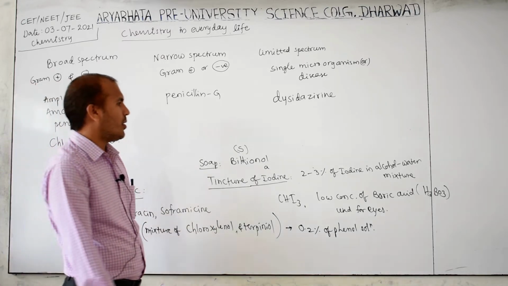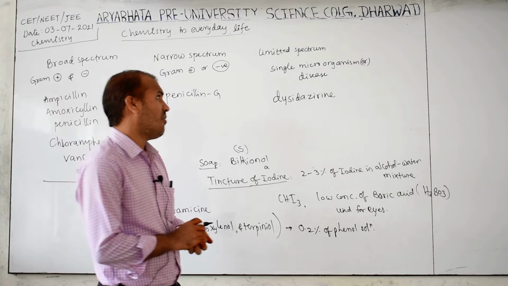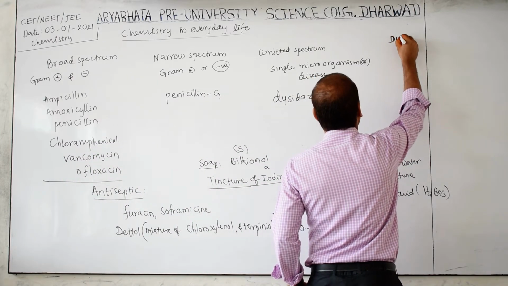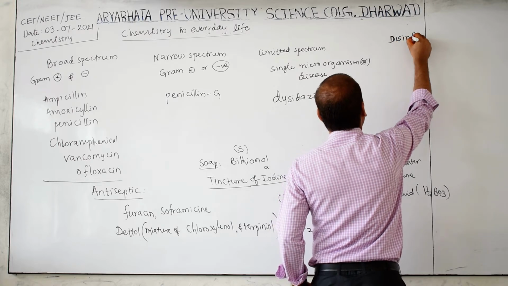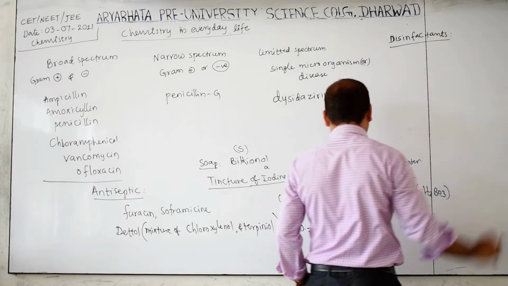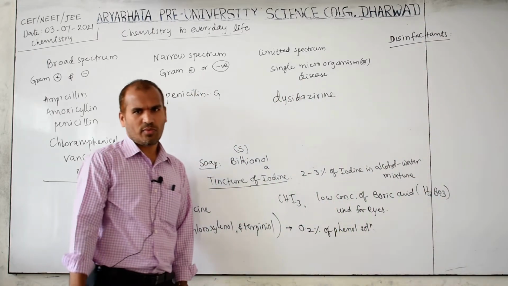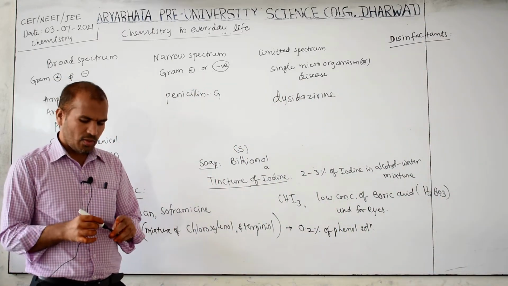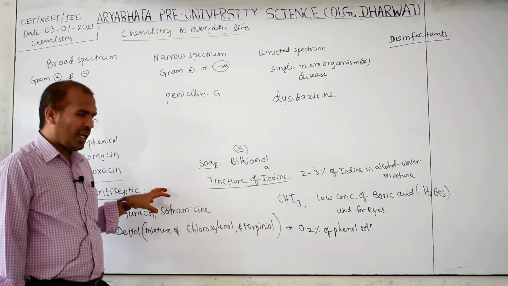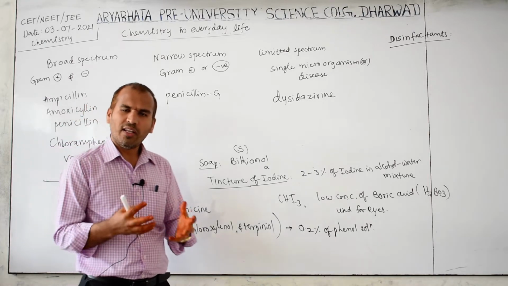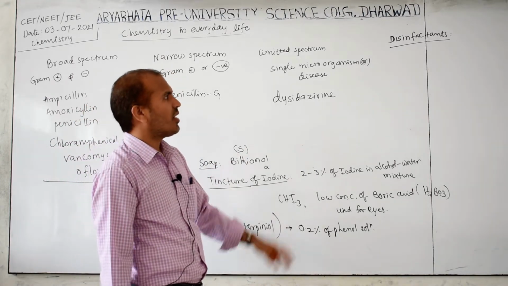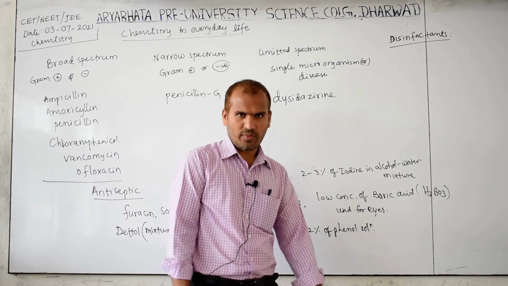Okay. Now antiseptic. After that, disinfectants. Disinfectants and antiseptics look nearly the same in definition, but there is a small difference. Antiseptics are used for living beings, meaning animals and human beings. Disinfectants are used for non-living systems.